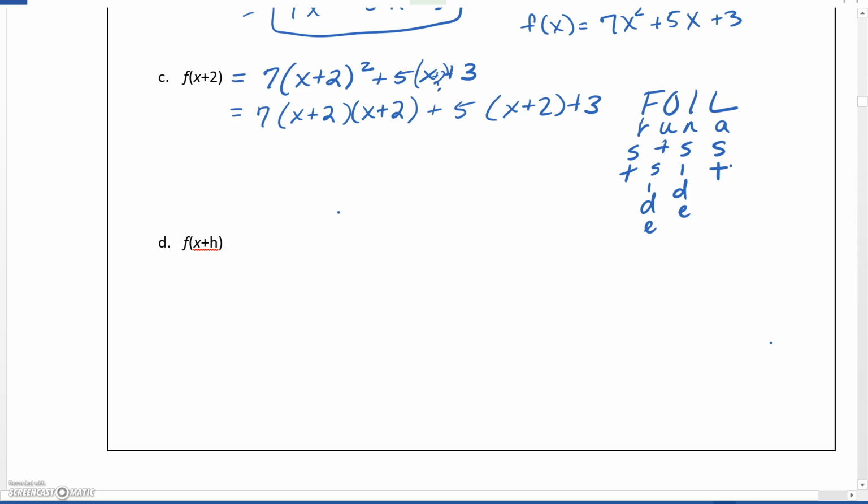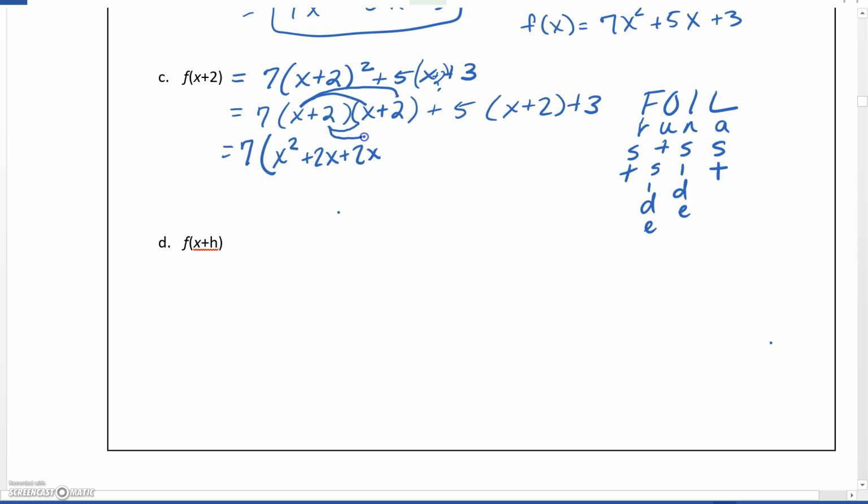So first, we're going to write the 7, and we're going to start a set of parentheses. The first terms, we're going to take the x times the x, so x squared. And then our outside terms are the 2 outer ones, this x and this 2, so plus 2x. The inside ones, the I, are the ones that are close here, so plus 2x.